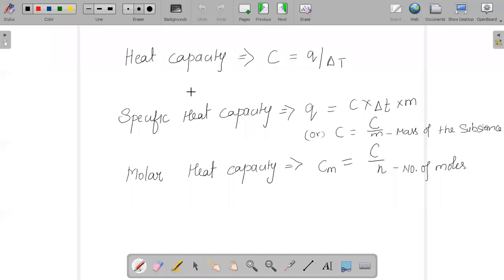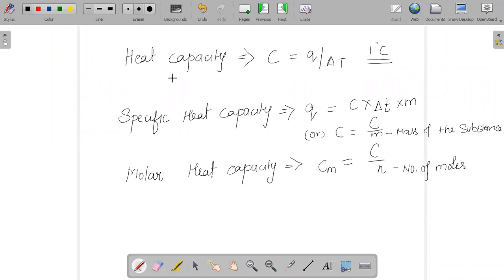When we say heat capacity, it is the amount of heat we require in order to raise the temperature of a substance by 1 degree Celsius. 1 degree Celsius is very, very important. Hence we say that C is equal to Q by delta T.